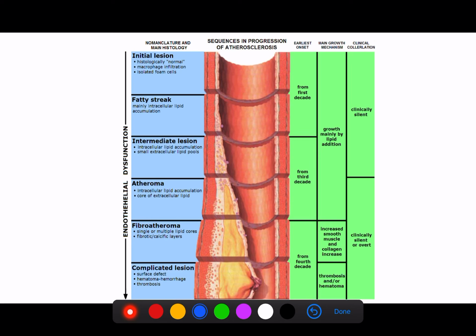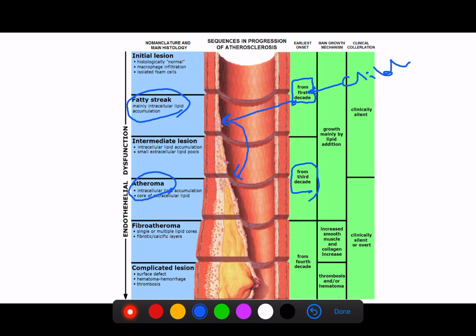In this picture, we see that atherosclerosis may start in the first decade of our age. Let's start with children, where it develops as what we call a fatty streak. This fatty streak may develop in the third decade of our life to become atheroma.